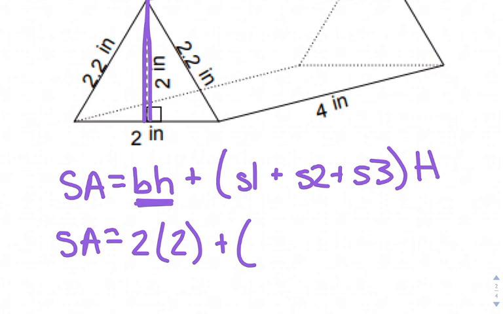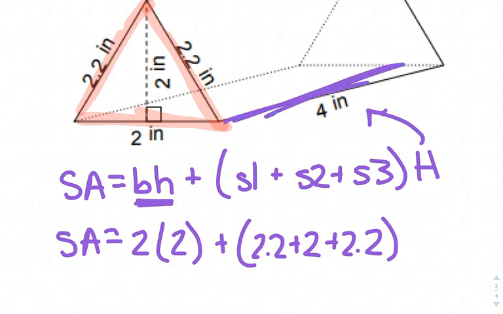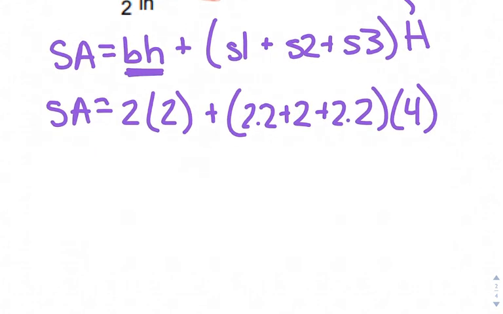So now I have to go around and see the side lengths of the triangle. So this is like S1, S2, S3. So it's going to be 2.2 plus 2 plus 2.2. And then my height of the prism, so this whole length connecting the 2 triangles, is 4. So now I have to simplify.